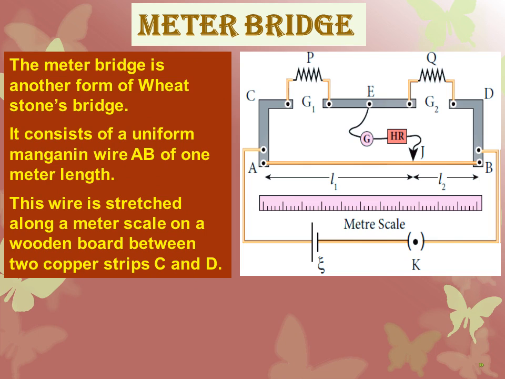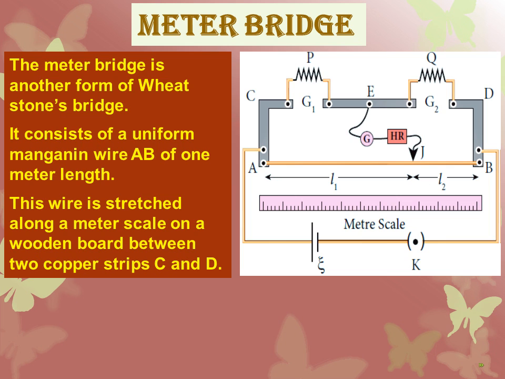It consists of a uniform manganese wire AB of 1 meter length. Usually we use manganese wire here from A to B, or sometimes in some practical examinations we use copper wire instead of manganese.